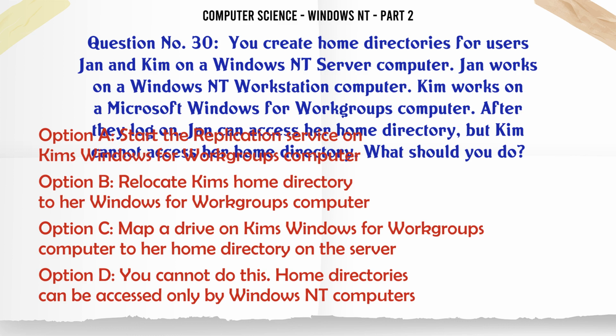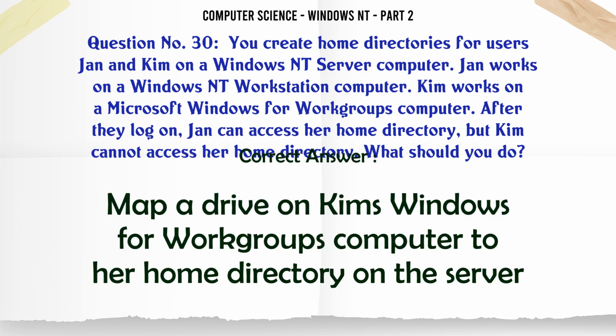B. Relocate Kim's home directory to her Windows for Workgroups computer. C. Map a drive on Kim's Windows for Workgroups computer to her home directory on the server. D. You cannot do this. Home directories can be accessed only by Windows NT computers. The correct answer is map a drive on Kim's Windows for Workgroups computer to her home directory on the server.